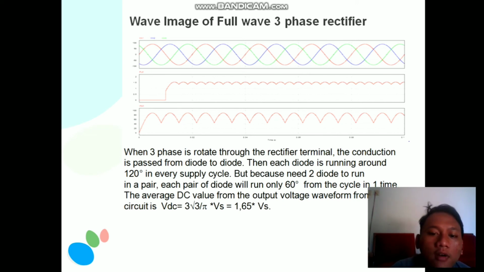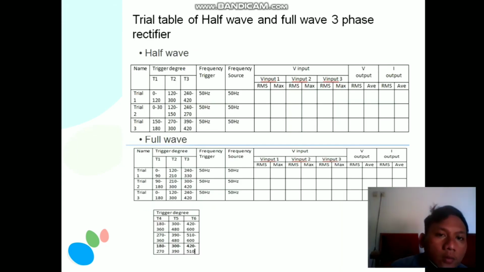The average DC value of the output voltage waveform from this circuit is VDC equals 3 root 3 over pi times Vs, which is equal to 1.65 times Vs.